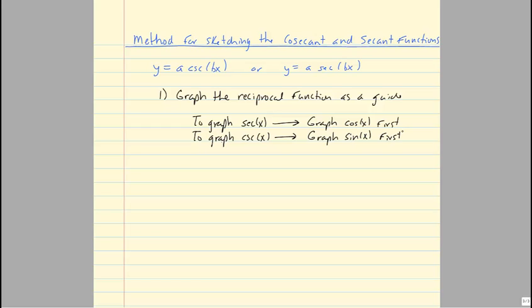Then the next thing you want to do, after you get those graphed, is that everywhere those cross the x-axis, you want to put in your vertical asymptotes. So sketch the vertical asymptotes. And basically they'll be wherever they cross the x-axis.